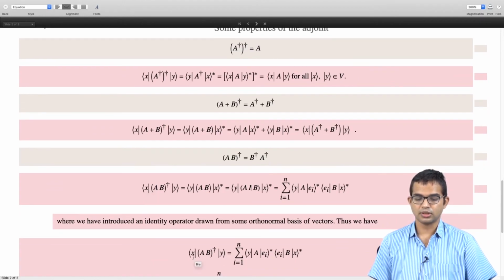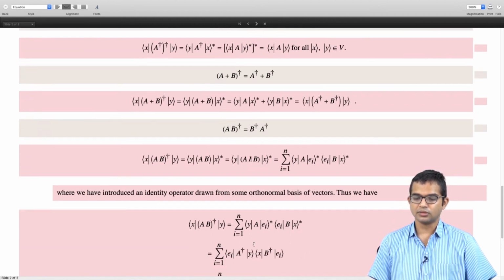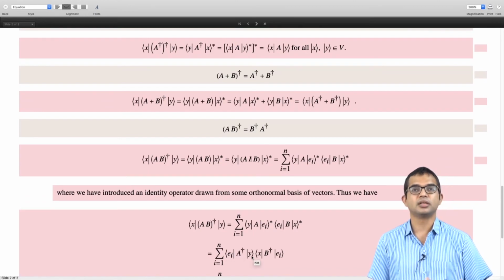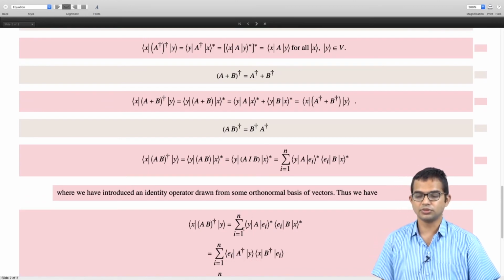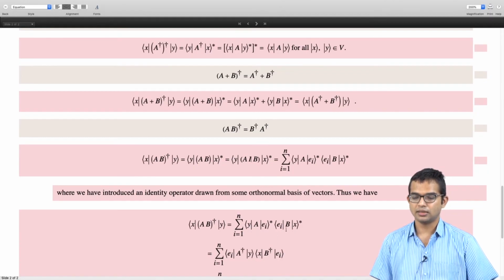So the inner product, the matrix element X AB the whole dagger Y, is equal to the summation over I of Y A X EI star EI B X star. I am just rewriting this, and now this can be rewritten as EI A dagger Y. This is like the definition of the Hermitian conjugate of A, and in place of EI B X the whole star, I write it as X B dagger EI.